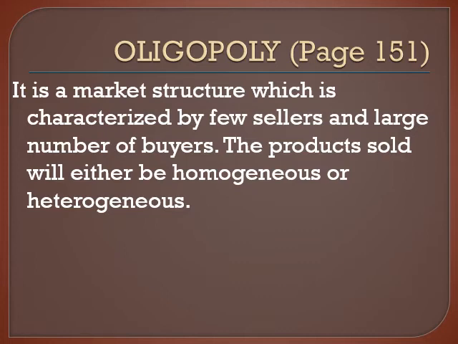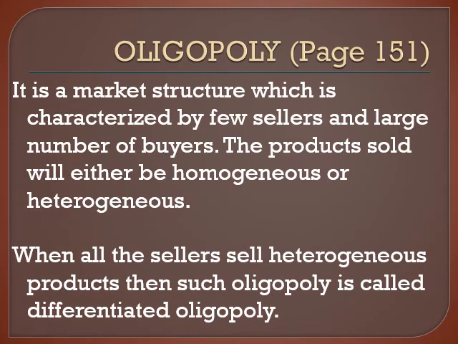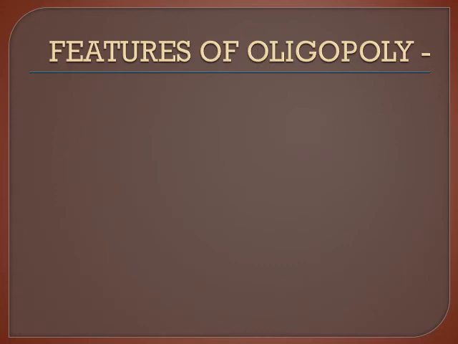We'll just see the features of oligopoly. The first one is small number of sellers. That means in this kind of oligopolistic market, there are only a few firms, and they all have a different market share.